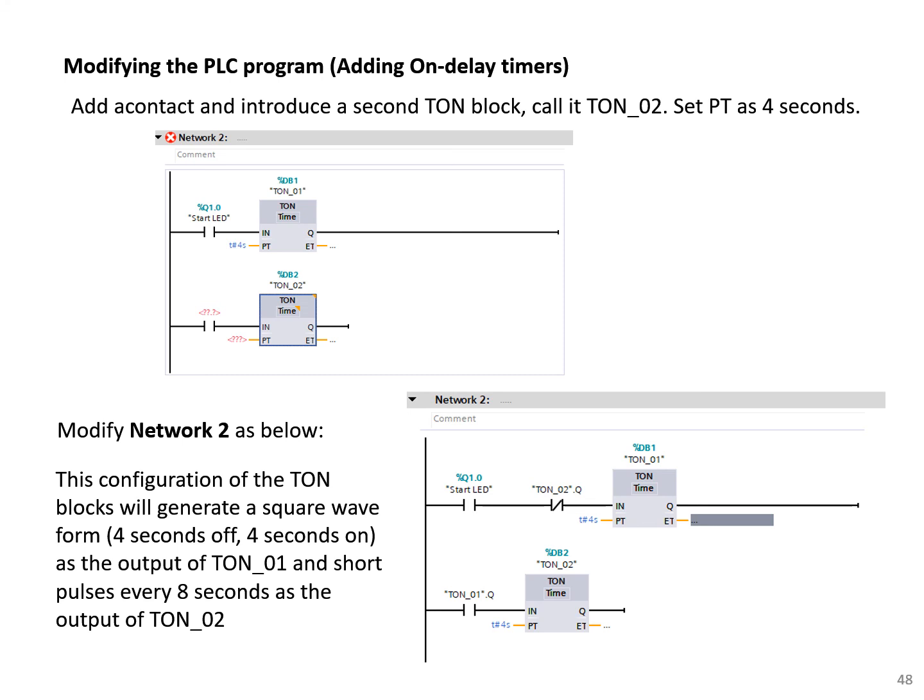You see that we are using down bit of the first timer as an input to the second, and the negated down bit of the second timer as an input to the first timer. As the output of the TON01 and the short pulses every 8 seconds as the output of the TON02.